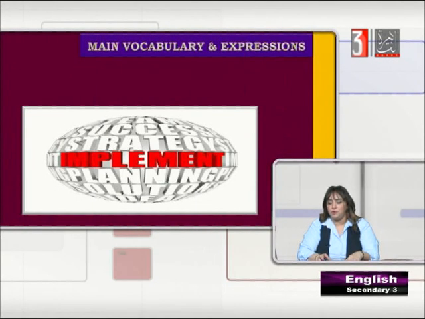Next is written on the screen here. As you see, implement. You can see the letters in red. Implement. Later on, we're going to take the derivatives of each word, okay? So implement, what does it mean?